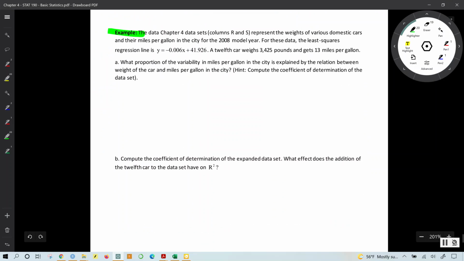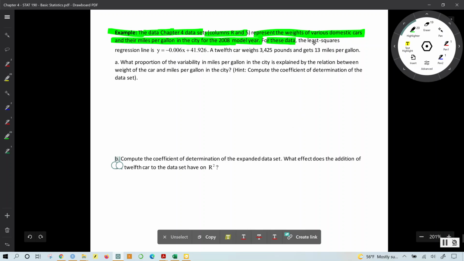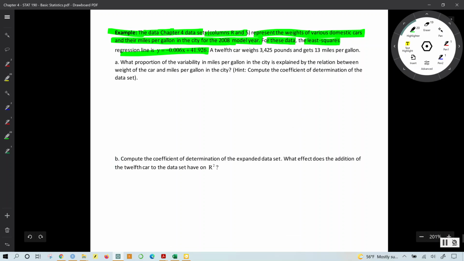In this example, we're told that the chapter 4 data sets, which is in columns R and S, represent the weights of various domestic cars and their miles per gallon in the city for the 2008 model year. For this data, the least squares regression line is already given. It is y hat, the predicted value, equals negative 0.006x plus 41.926.